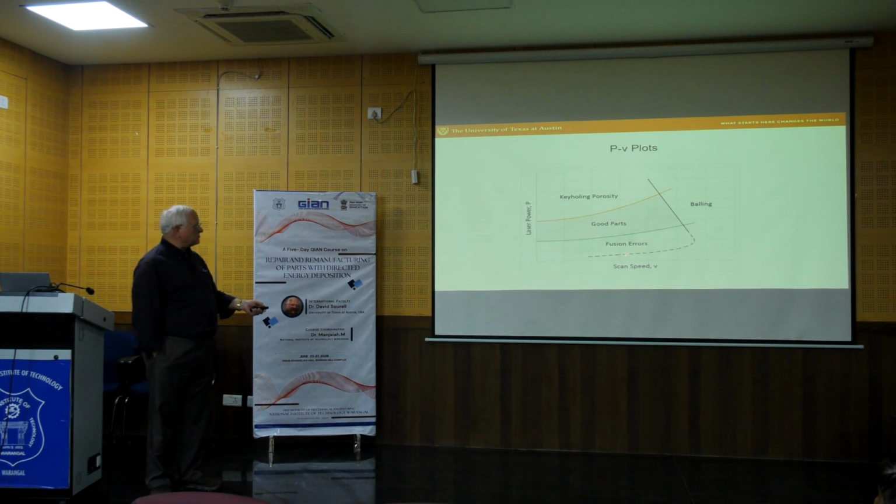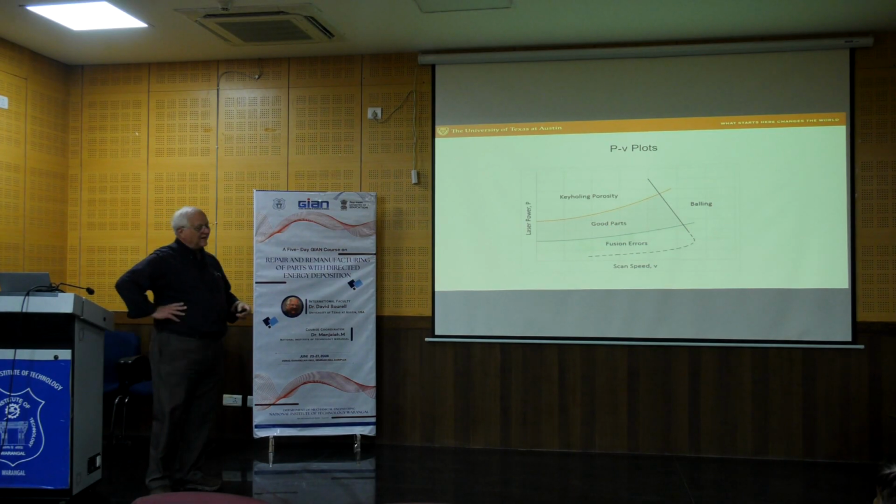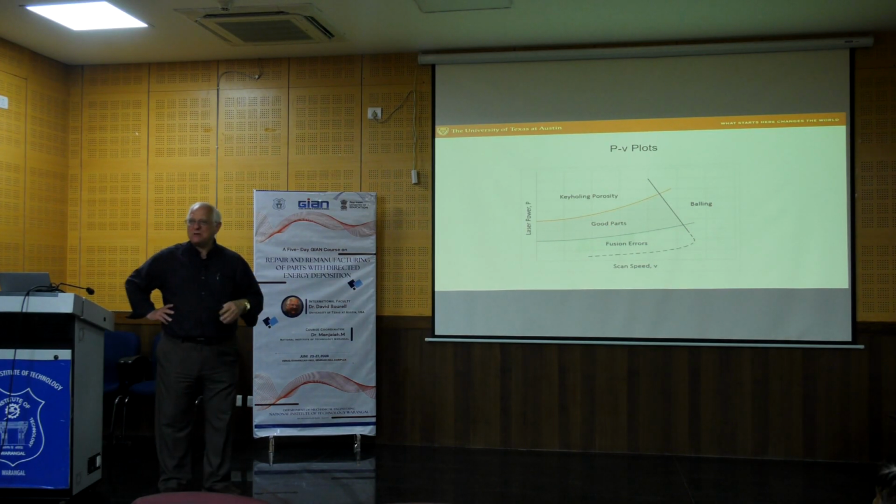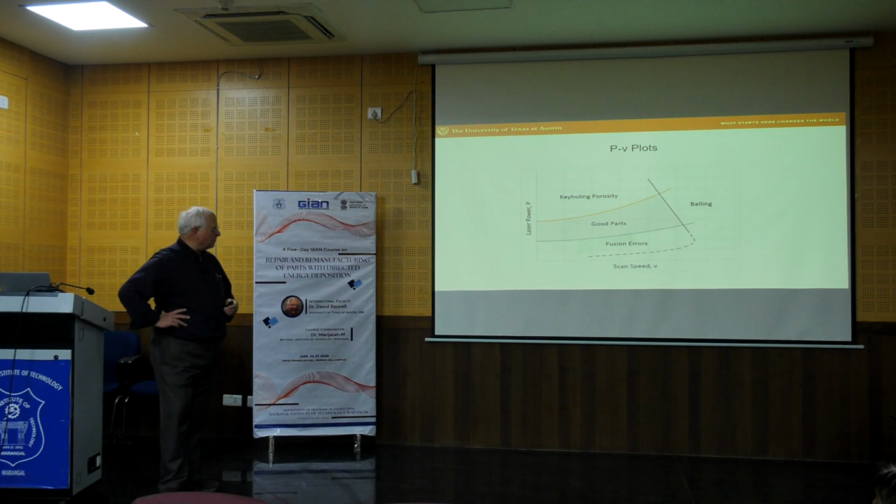And so with fusion errors, it's uniformly increase the power, because decreasing the scan speed, it's a much narrower plot typically. Although you could conceivably lower the scan speed to get into the good region. Having said that, we typically like high scan speeds, right? Because we can produce parts faster with a high scan speed.